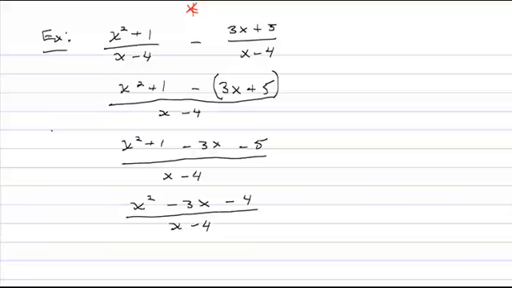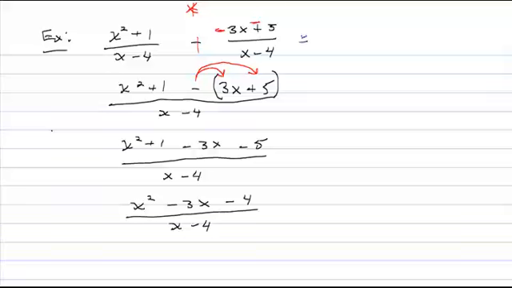What I like to do is change subtraction to addition whenever we have more than one term in the numerator following. But then we have to change every sign in this numerator, which really is the same as distributing the negative here. And so now I'm ready to add my numerators.